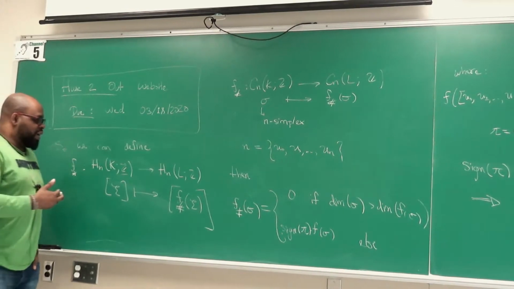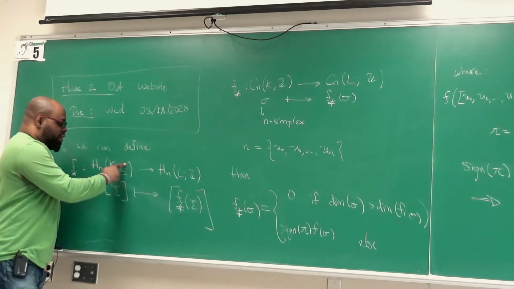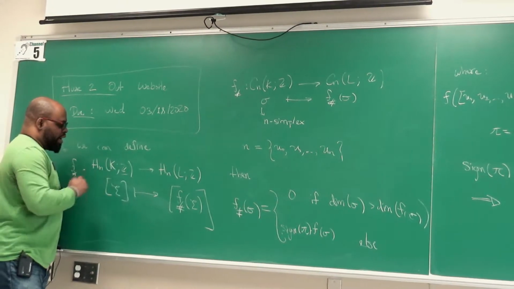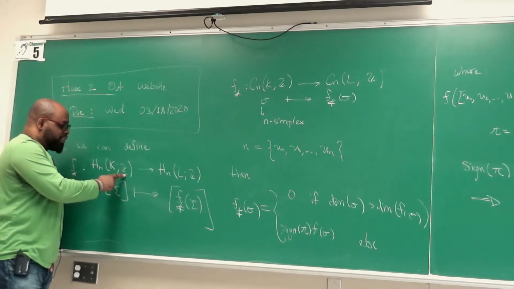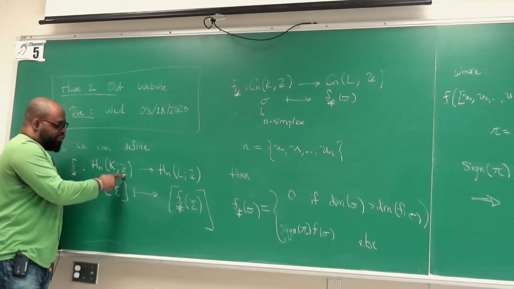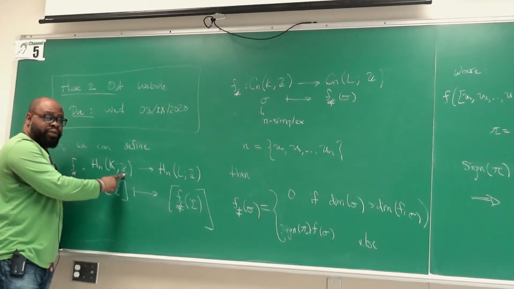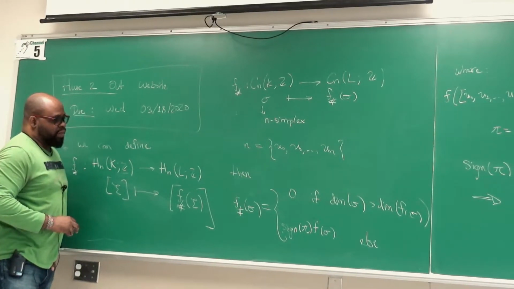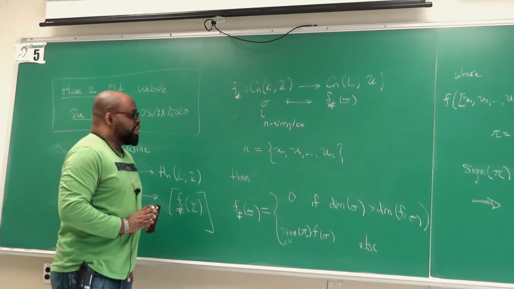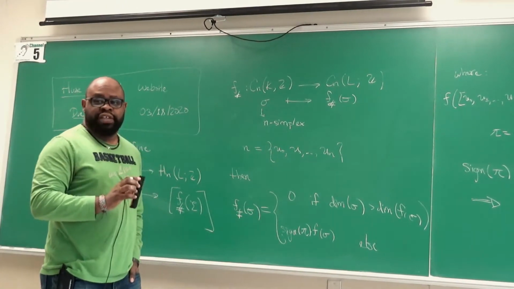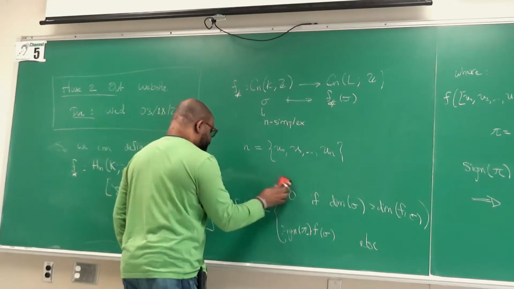And then we're going to change these for something a little bit more conducive to algorithms. And that's what persistent homology is going to give you. Okay? So that's the plan for today and Wednesday. Okay. So again, let's just start with a bunch of examples and see what we get.